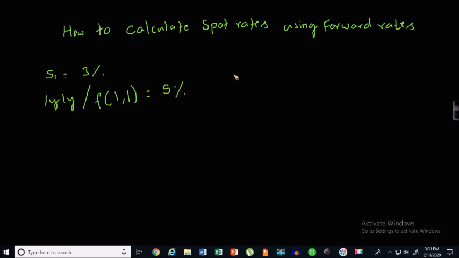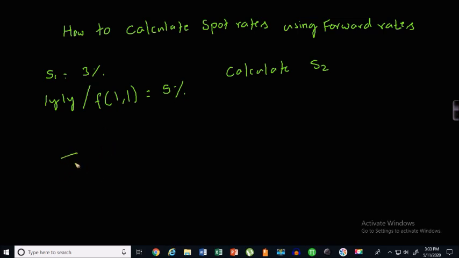From this information we have to calculate S2, which is the spot rate for 2 years, or the 2-year spot rate. Let's see how to approach this sum. We'll first solve this graphically and then we will solve this with the help of formula.